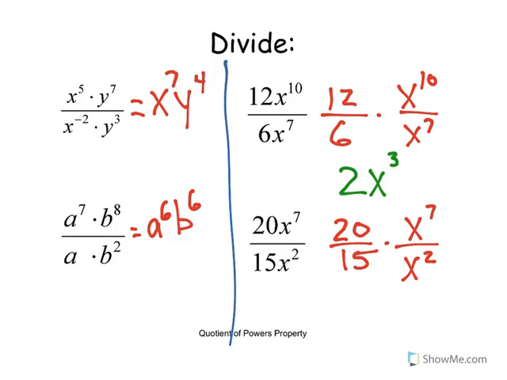So what happens when I simplify the fraction 20/15ths? Well, I divide the numerator and denominator by 5, and it gives me 4/3. And then I'm going to subtract my powers, which gives me x to the 5th. And if I want to combine this, the x to the 5th has a denominator of 1, so it goes in the numerator. So we end up with 4x to the 5th divided by 3, or you can leave it as what I have in green, 4/3 x to the 5th.